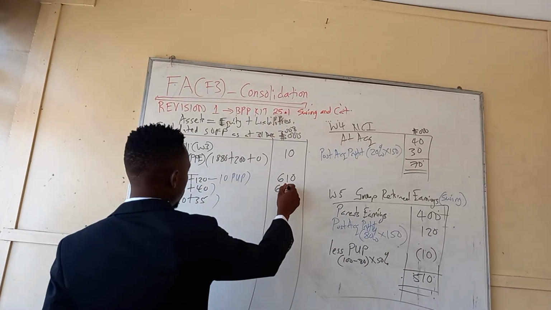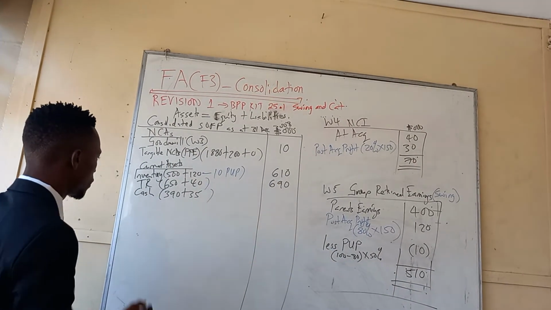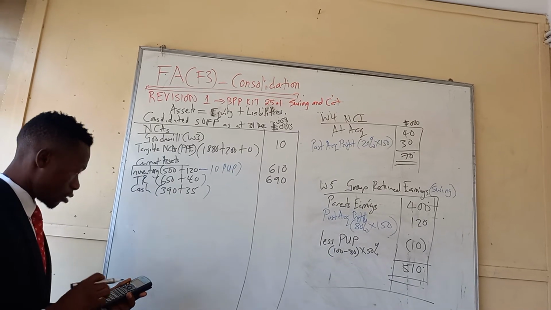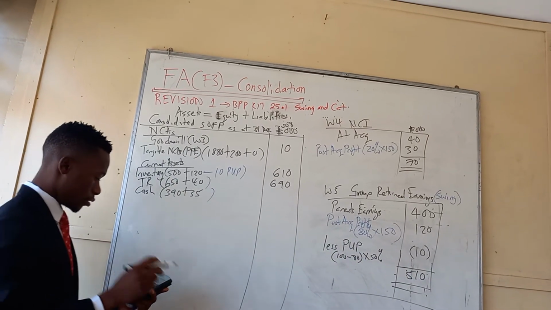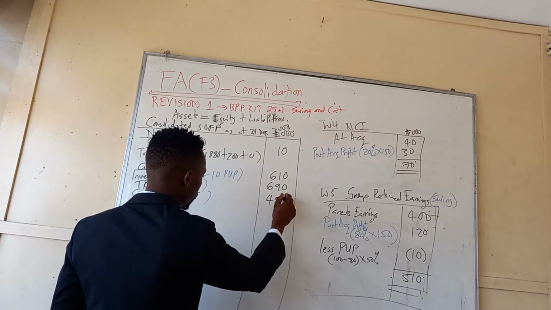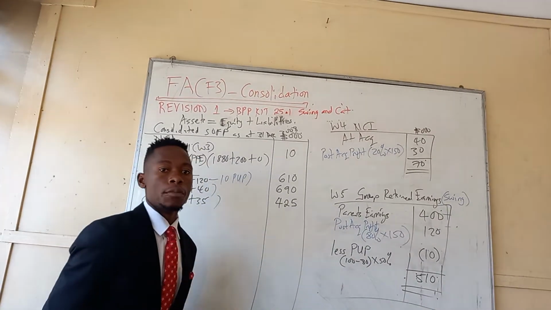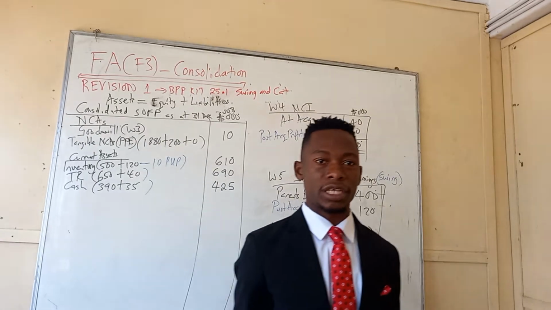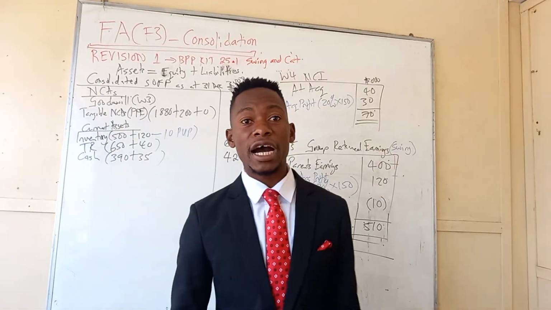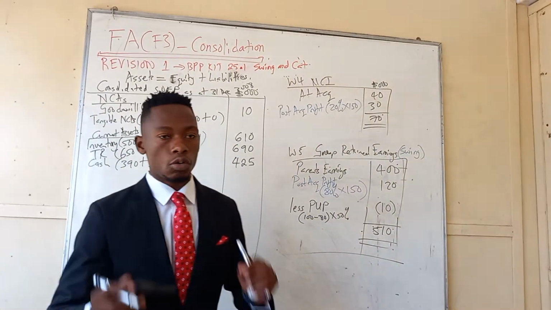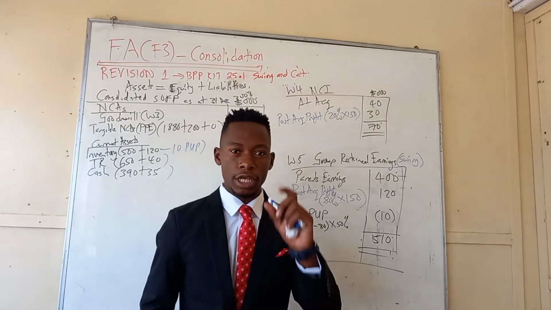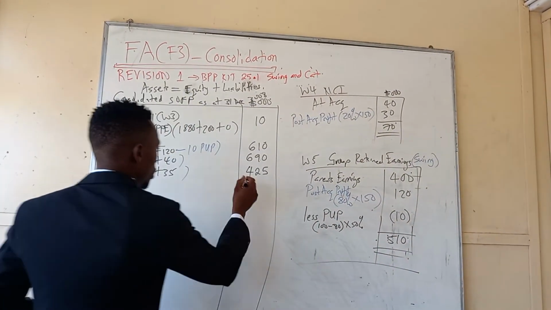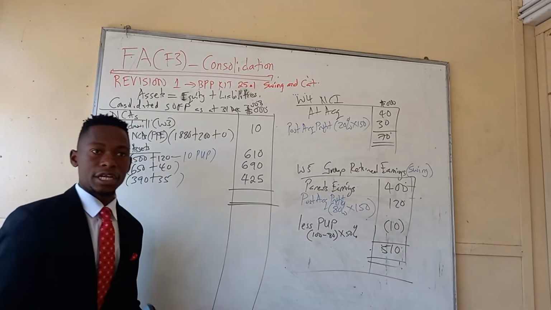We have 619. And we have 425. Most people spend a lot of time doing consolidation. The reason why I'm taking time is because I am explaining, right? So when you are in the exam, make sure that you keep your eye on the clock, right? So it is about time management.